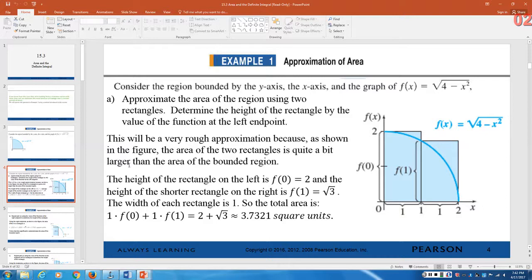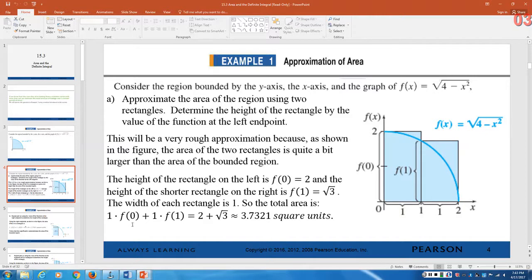So that makes each rectangle 1 unit wide. And then for the height of the rectangle, I could plug in x equals 0 and see that the height of this first rectangle would be the square root of 4, which is 2. And I could plug in 1 into that formula to figure out that f of 1 would be the square root of 4 minus 1, which is the square root of 3. So that would be the square root of 3 tall.